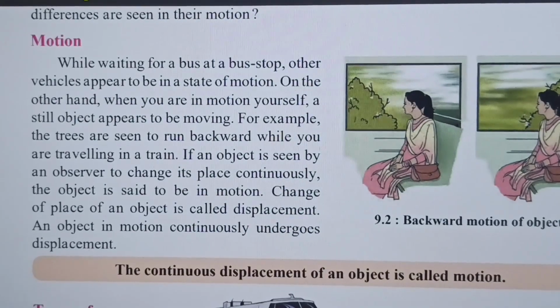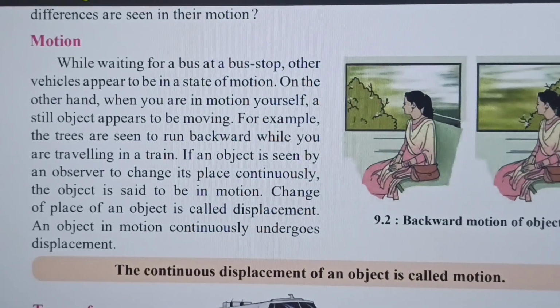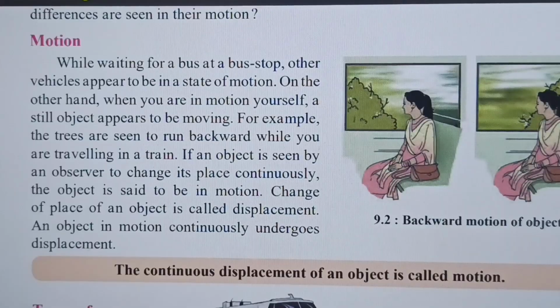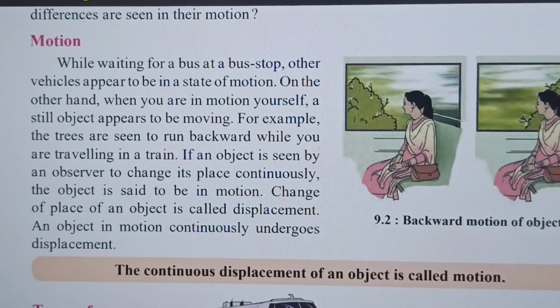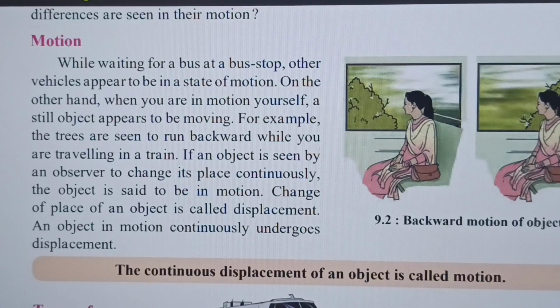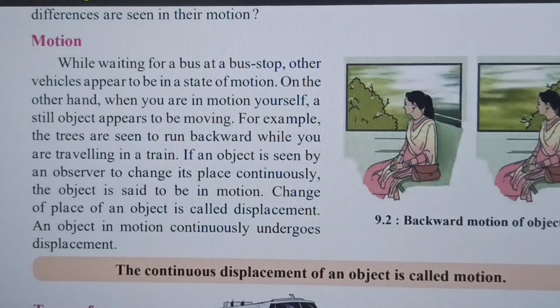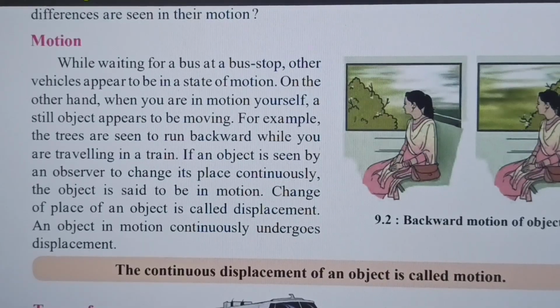So what have we understood so far? If you are in a still position, if you are not moving, the thing that is passing by seems to be in motion. For example, if you are sitting at a bus stop, you are not in motion, and the vehicles that are passing by are in motion.